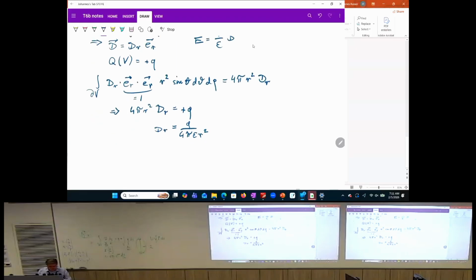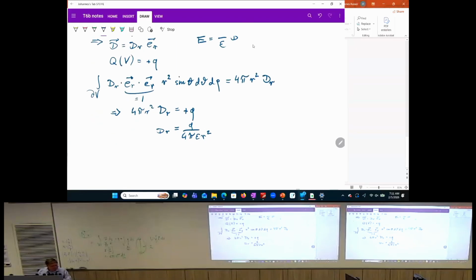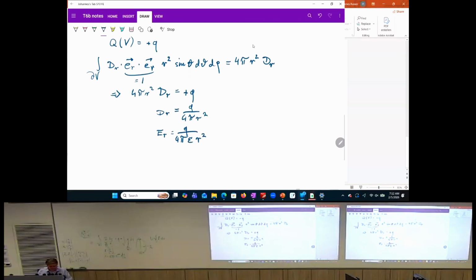And now we're just one step away from getting the electric field that is also aligned with the displacement field, and that is Q over 4 pi epsilon r squared. Sorry, I have been a bit too fast here. The previous one was, of course, r squared, and now we have the epsilon here. So this is our electric field.